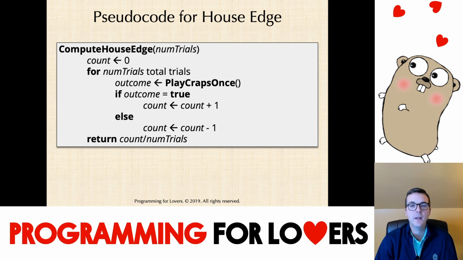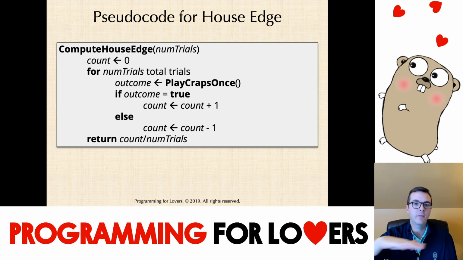I could sub in a different binary game here, but I'll have a subroutine called play craps once, and that's going to return true or false. If that outcome is equal to true, I'm going to consider that a win, and I'm going to increase the amount of money that I've won, which is what count is holding, by 1.